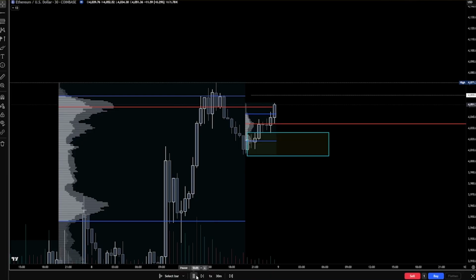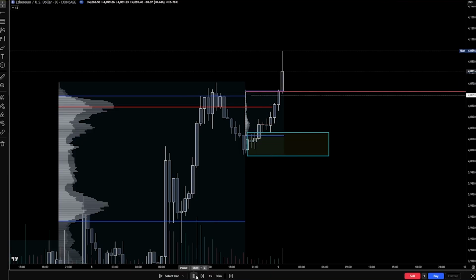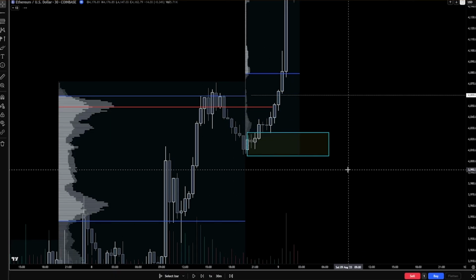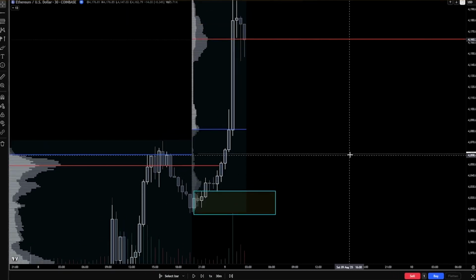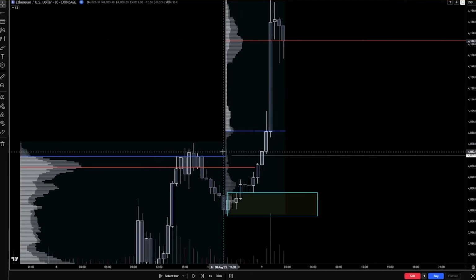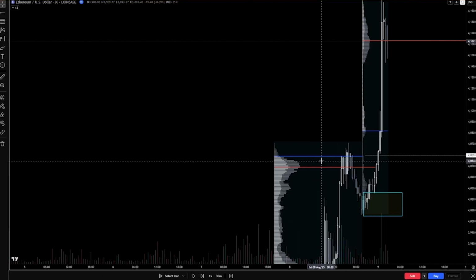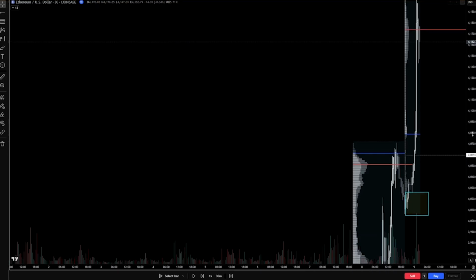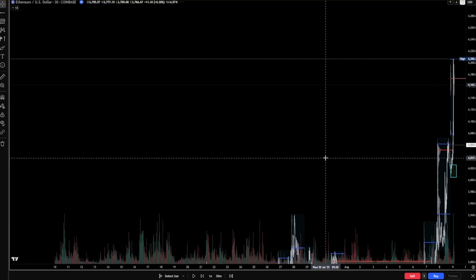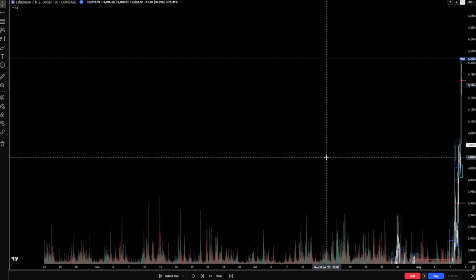So you get a little bit of expansion. Now we moved outside of value area. And when was the last time that we were even here? It's been a minute.